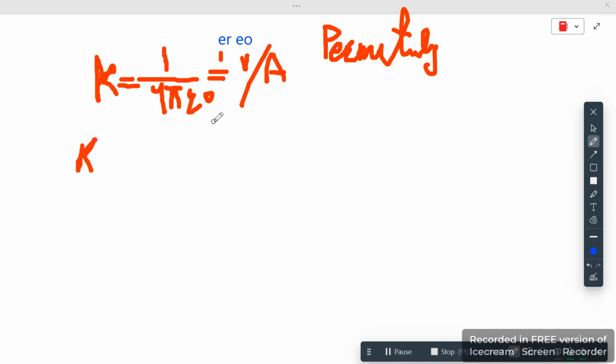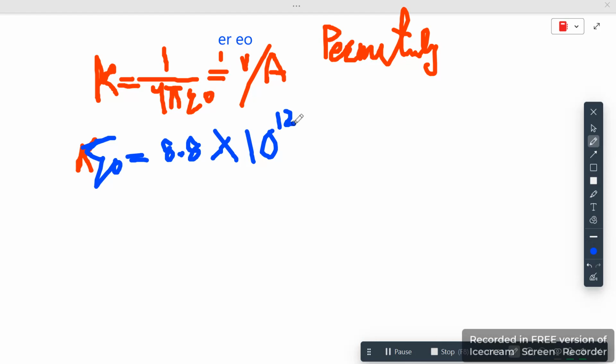So here, if this is the electropermittivity, its value is 8.8 multiplied by 10 power minus 12 Coulomb square into Newton meter square.